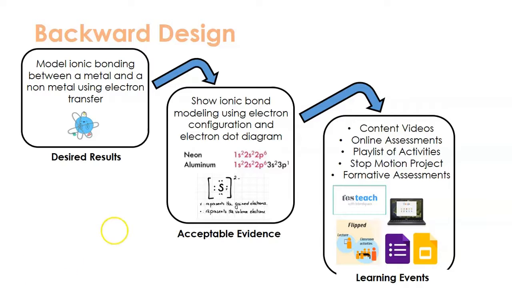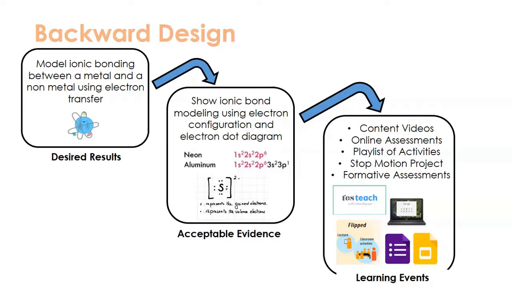And then there's just an image of electron configuration right over here. The next piece of acceptable evidence that I chose was electron dot diagrams. They also talk about the valence electrons outside of different atoms, and you can use your valence electrons and transfer them between a metal and nonmetal in order to show that an electron is being transferred. So those are my two pieces of evidence that I wanted to focus on.